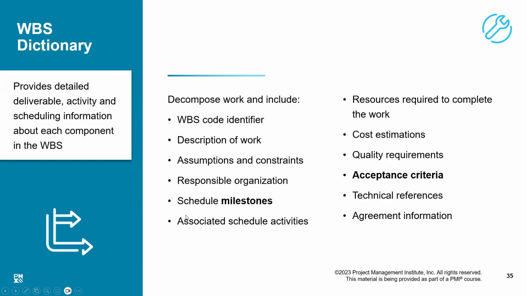What are the scheduled milestones in this? Associated schedule activities and so on and so forth. Now, I am not saying that all of this data can be filled right now, but at least you can create the columns, and when that data becomes available, you can write it down into the work packages.